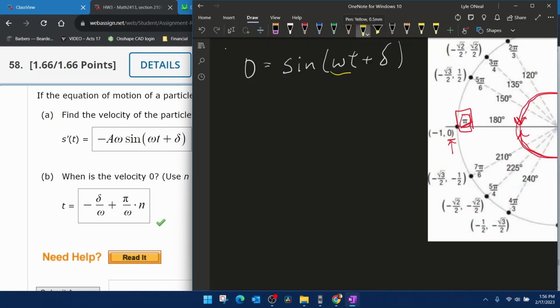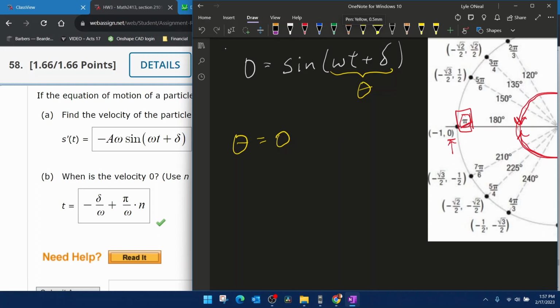Here's what we know: for whatever angle this is, theta, it's going to give us solutions if theta equals 0 or any increment of pi. The way we write that is pi times n, where n is an integer.